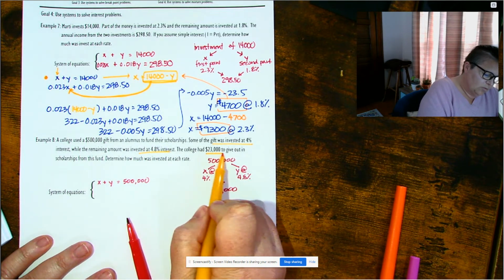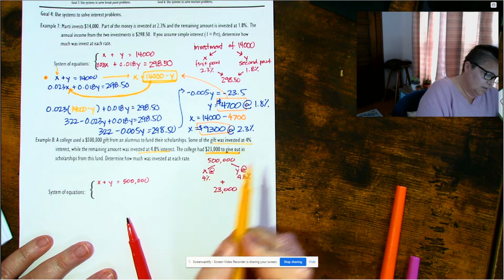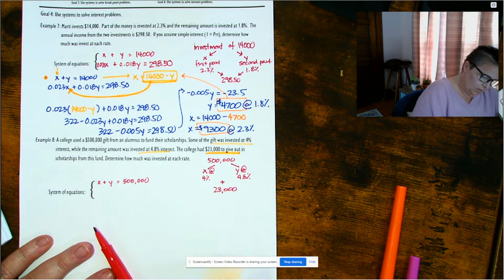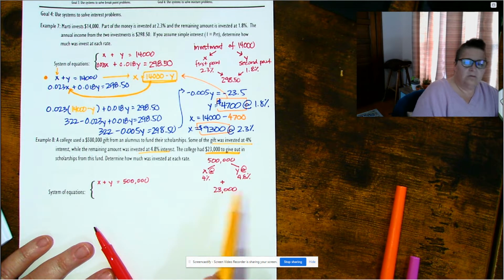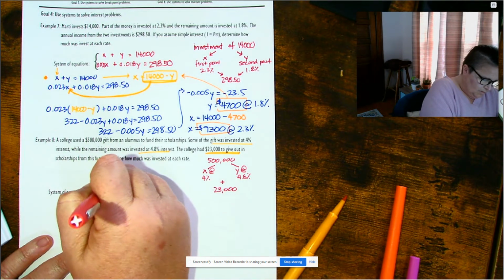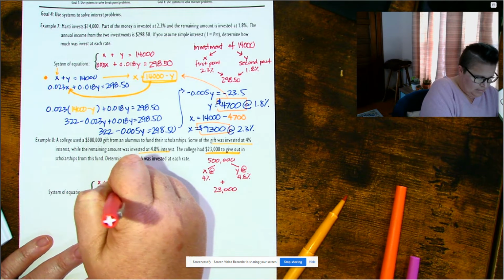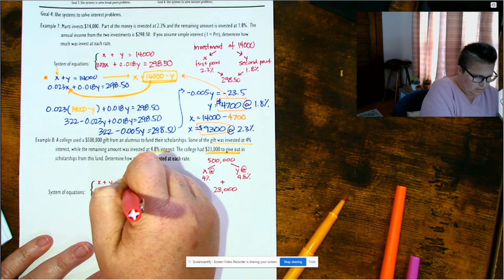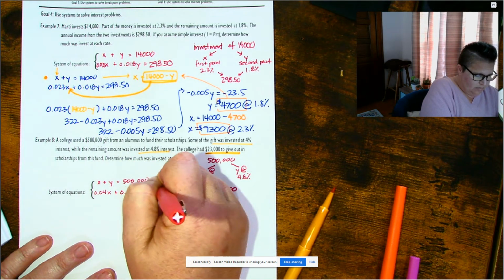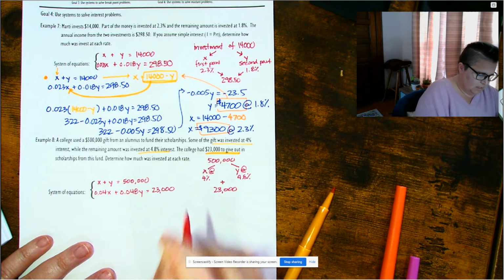The college had $23,000 to give out from this fund. So when I added the interest here and the interest here, I would have gotten 23,000. So that means 0.04x plus 0.048y has to be the interest of $23,000.